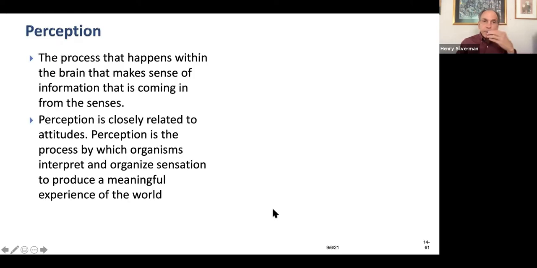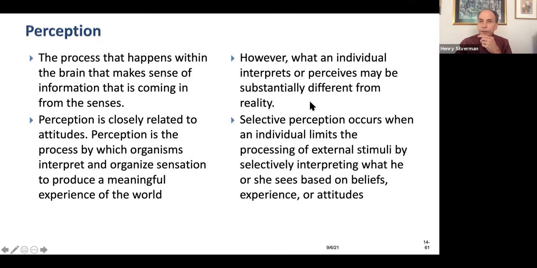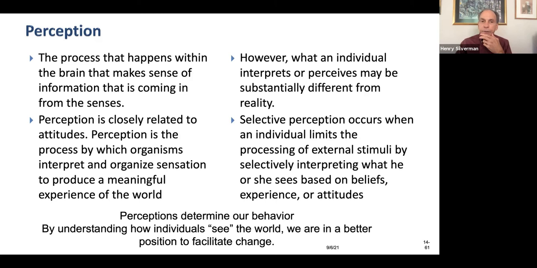Perception is the process that happens within the brain that makes sense of the information coming in. Now, what an individual perceives may be substantially different from reality. And selective perception occurs when an individual limits the processing of external stimuli by selectively interpreting what he or she sees based on beliefs, experience, or attitudes.